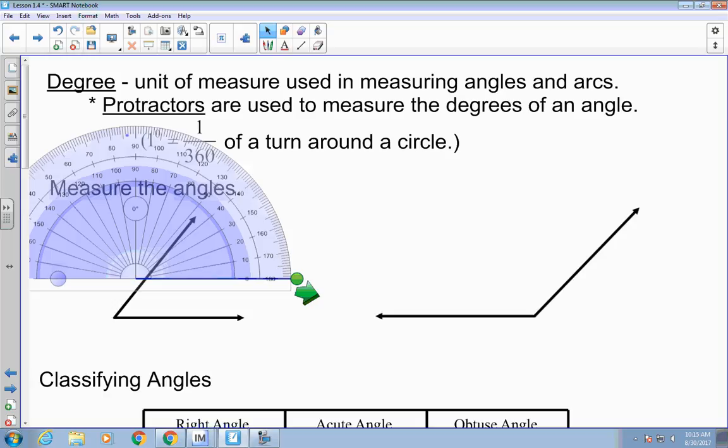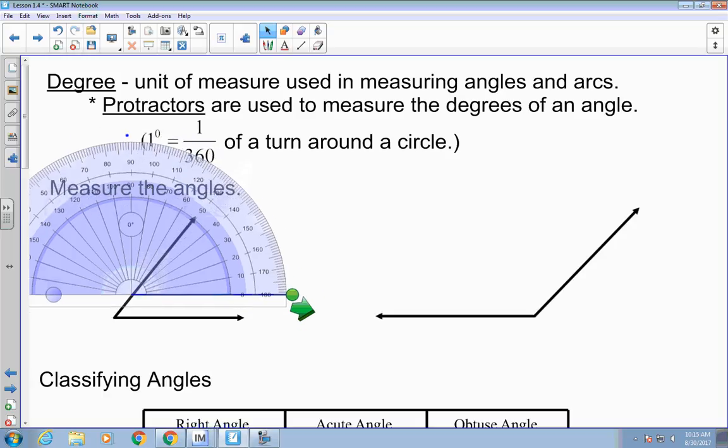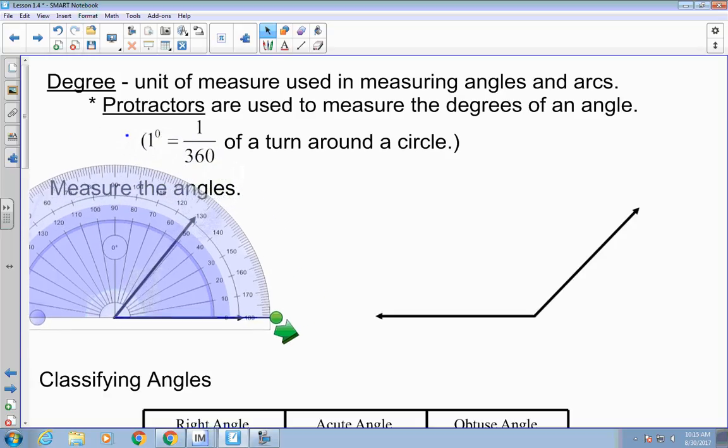You place that crosshair or gold circle at the vertex, and then you line up the bottom ray so that it goes along the 0 and 180 mark. So the crosshair or the circle is at 0, and then you line it up along the 0 and 180 mark. Don't worry about the red and the black. Okay, we're not going to distinguish between the two. I'll explain how to determine which numbers to use.